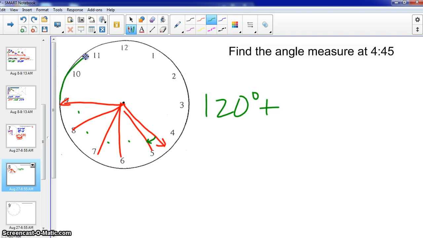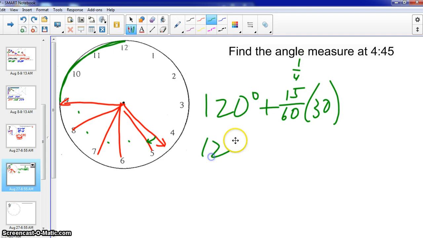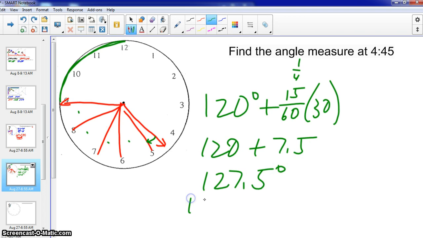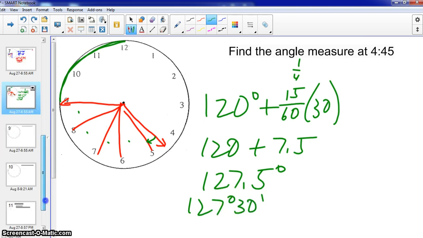And I have 15 minutes to go to get to 5 o'clock. 15 out of a possible 60 minutes, which reduces to a fourth. So when I add those together, I get that the angle is 127.5 degrees or 127 degrees and 30 minutes, depending on how we want that one written.